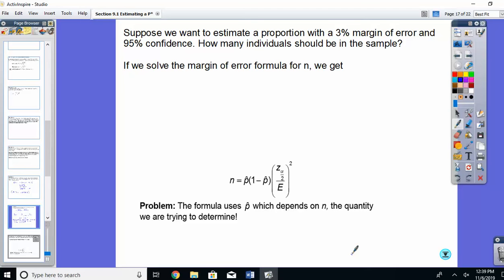So I'm going to do a study, and I'm trying to pick how many people I should include in my study. We know we have to have it large enough to get good data, but usually the more people you include, the more money it costs, so we don't want to spend a lot more than we have to do this study. So we need to be able to pick a good number.